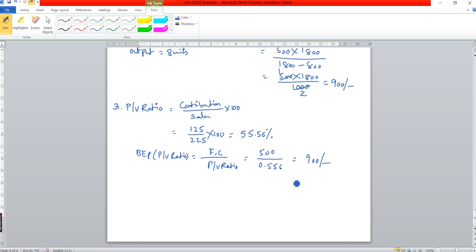So this is about PV ratio. With the help of the PV ratio also we can find out the break-even point.